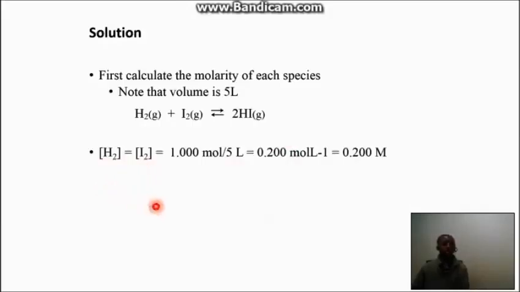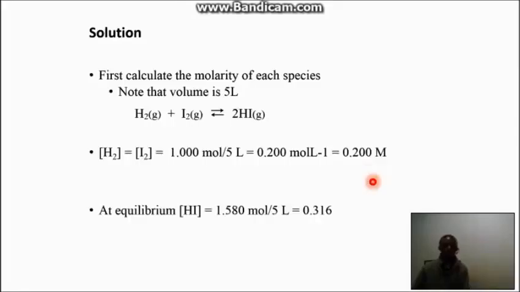So what is the concentration of 1 mole of hydrogen in 5 liters? The concentration is given by the mole per volume, which is 1 mole per 5 liters. So both hydrogen and iodine have a molar concentration of 0.200 mole per liter, or just 0.200 molar. So these two have a concentration of 0.200 molar each.